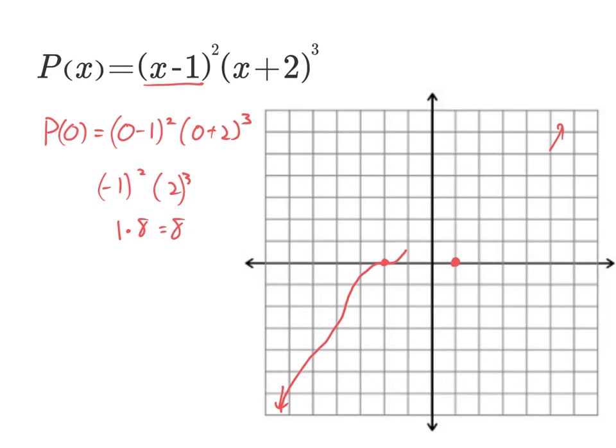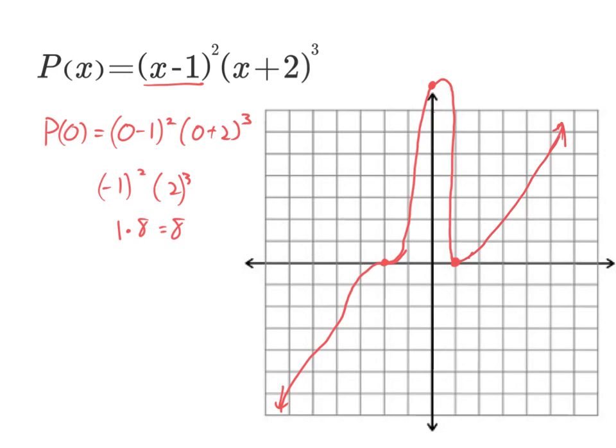So it's going to go all the way up to 8, and that's going to be right here. And then it's going to come back down and has to hit here. Now, since this guy right here is even, it's going to bounce off and go up this way. And that is what it's going to look like.